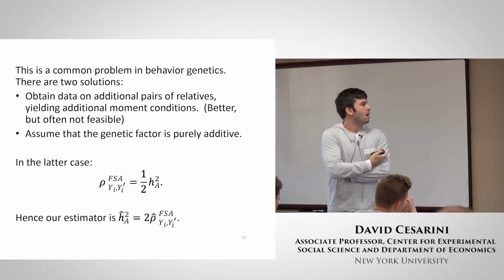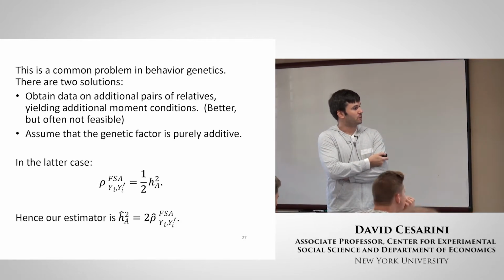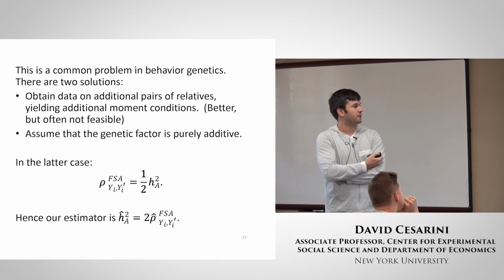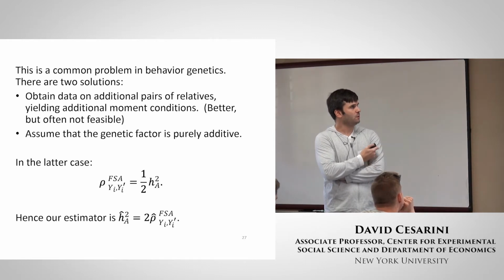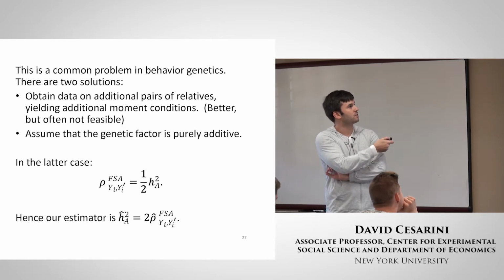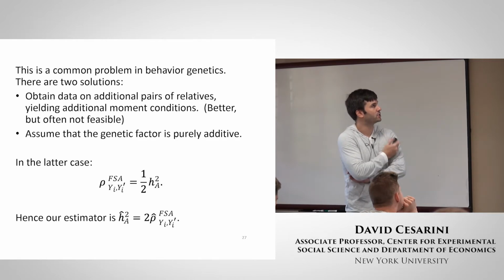Okay, so we could try to gather a sample like this, and we could estimate it with just the full siblings reared apart, where again we're under-identified because we have these two terms on the right-hand side. We only have one equation.